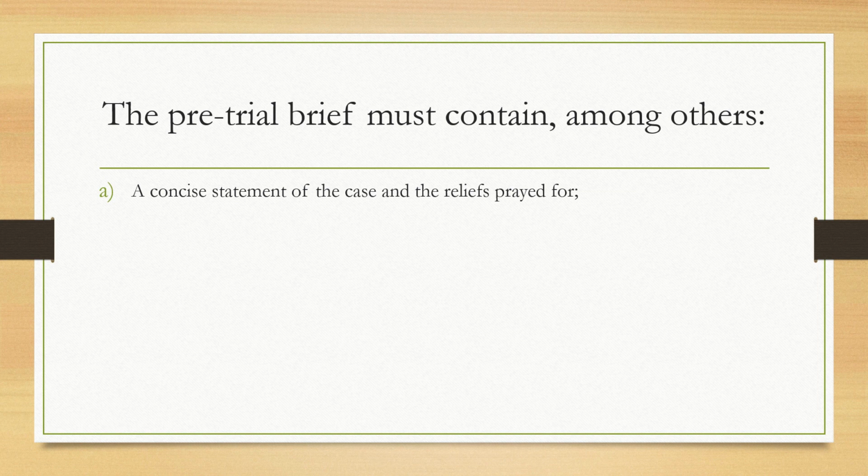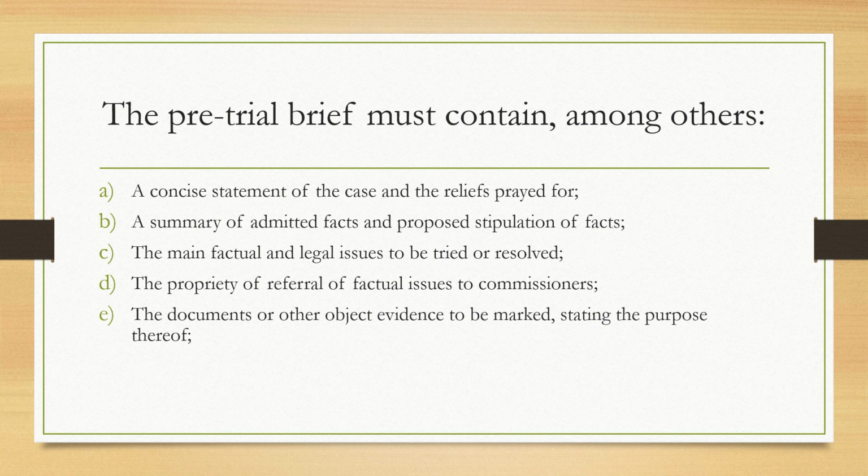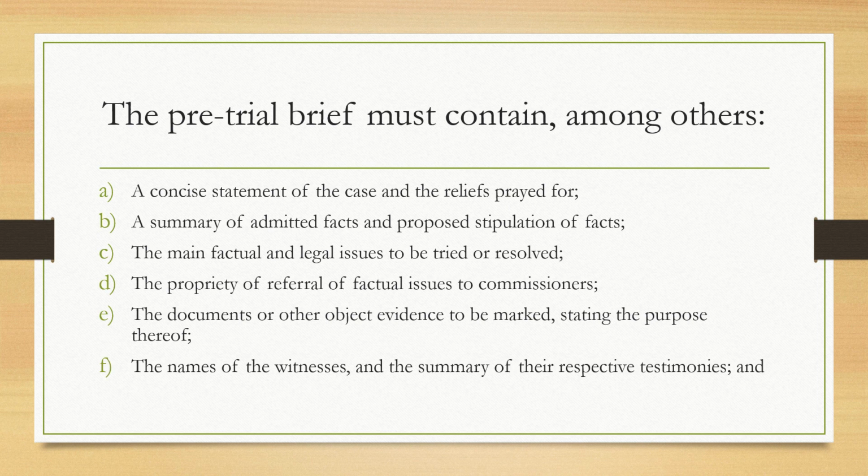The pre-trial brief must contain, among others, a concise statement of the case and reliefs prayed for, a summary of admitted facts and proposed stipulation of facts, the main factual and legal issues to be resolved, the propriety of referral of factual issues to commissioners, the documents or other object evidence to be marked, stating the purpose thereof, the names of the witnesses and the summary of their respective testimonies, and a brief statement of points of law, citations of authorities.